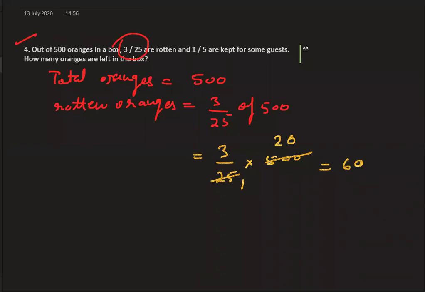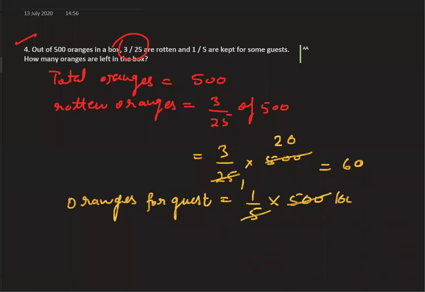Okay, and 1 upon 5 are kept for guest. So oranges for guest is equal to 1 upon 5 into 500. Okay, students.